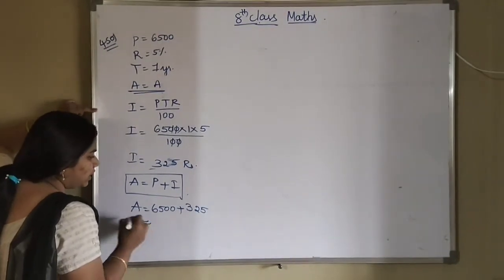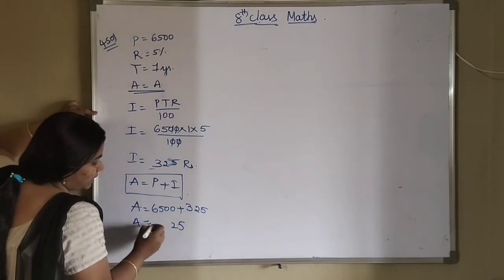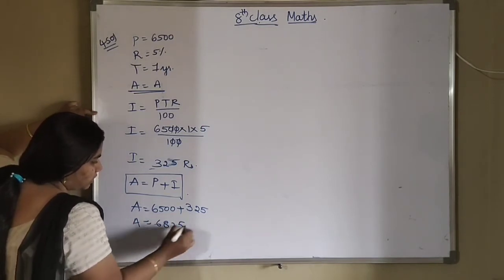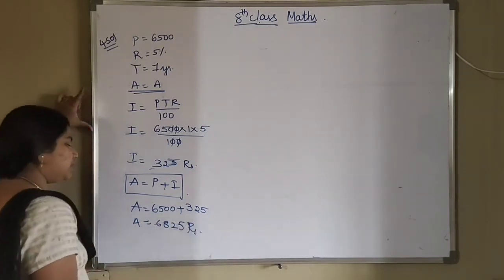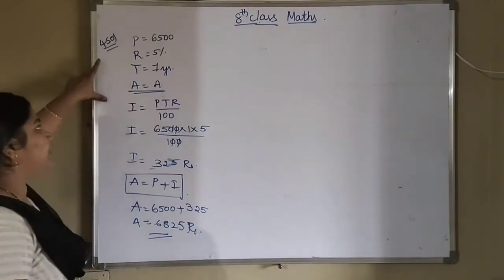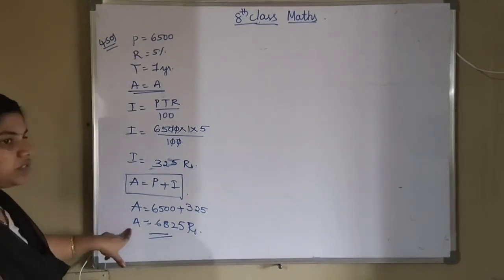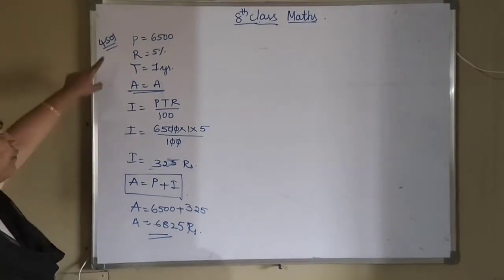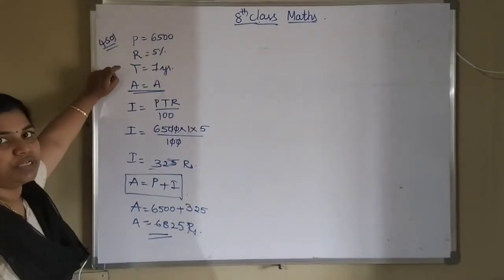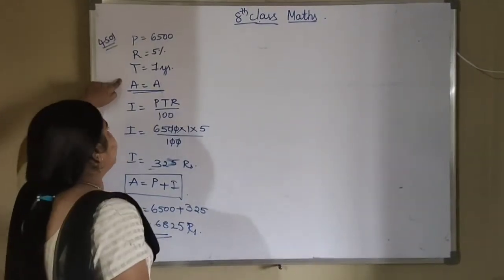So 5, 2, 5 plus 3 is 8, 6. So what is the amount value? That is 6,825 rupees. So what is the principal? If they take 6,500, they are paying 6,825 at the rate of 5%. And the time they are taking is 1 year. So this is the first case.